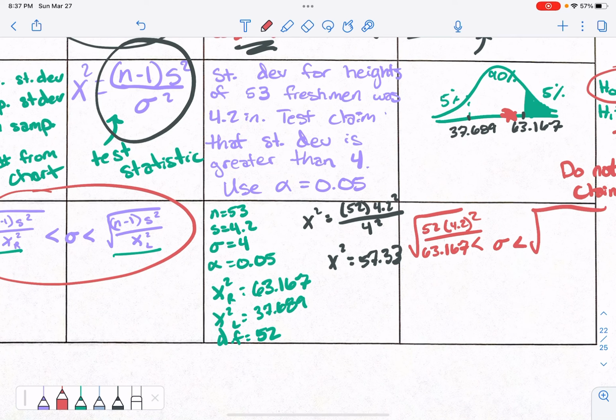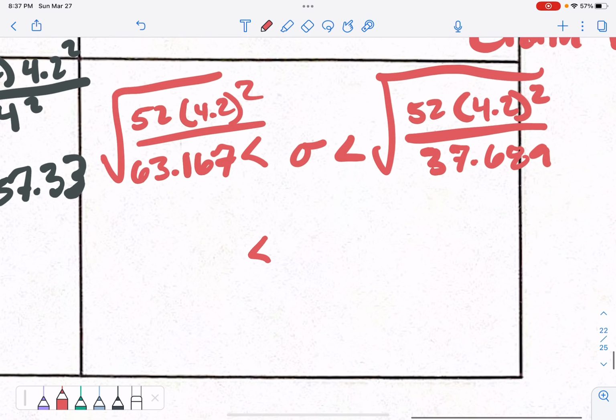And then on this side, 52, 4.2 squared over 37.689. Okay, sigma lives between those things.